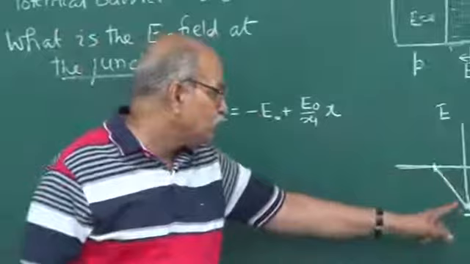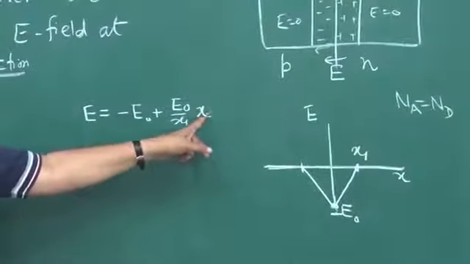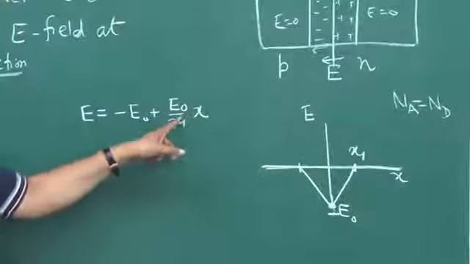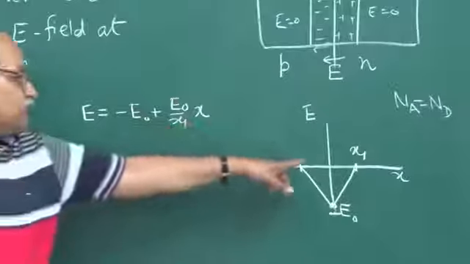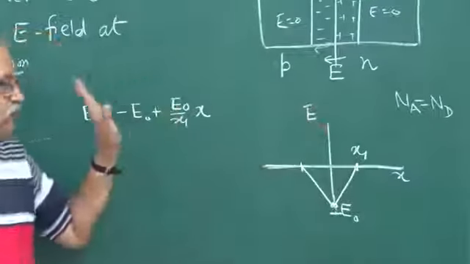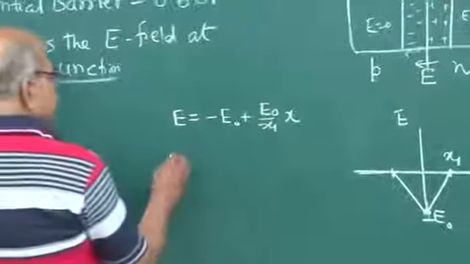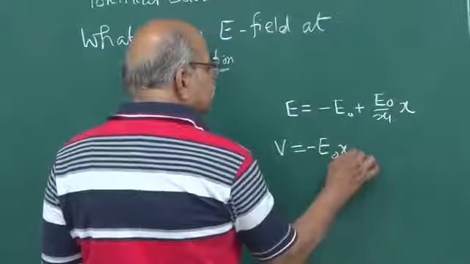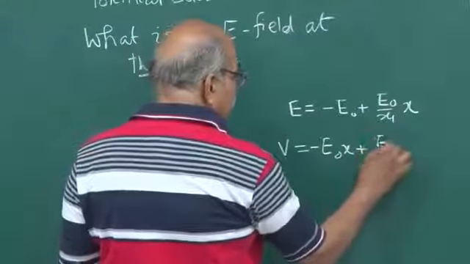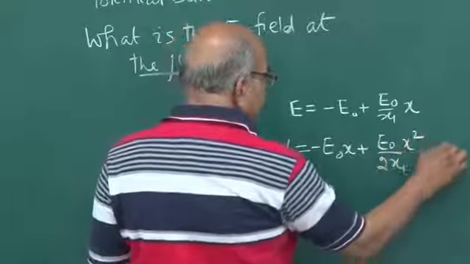At x equal to x1, x over x1 is 1, so minus E naught plus E naught will be 0, and it is linear. So this is the equation. Now you can integrate to get V. V will be minus E naught x plus E naught over 2 x1 times x squared, plus some constant.